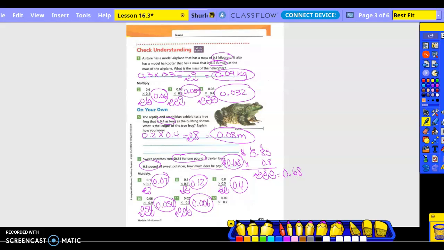Next one, I pretend like there's no decimals yet. So 9 times 7 is 63. How many decimals on top? 2. How many on bottom? 1. So I loop over 3 times. 1, 2, 3. So I put a 0 to hold my spot. So my answer is 63,000. And then I put a 0 out front as well to say that there's no whole number, right, guys? Okay.